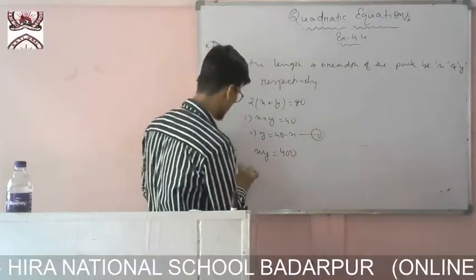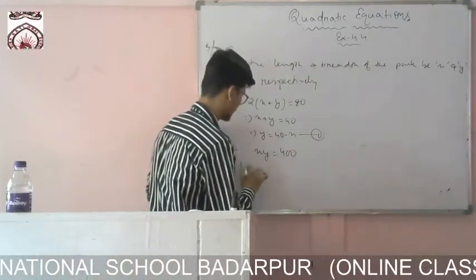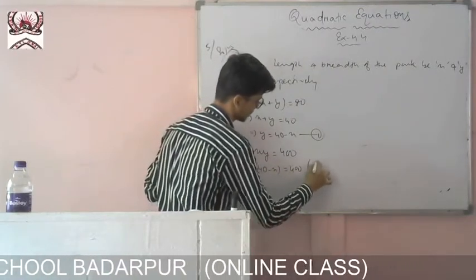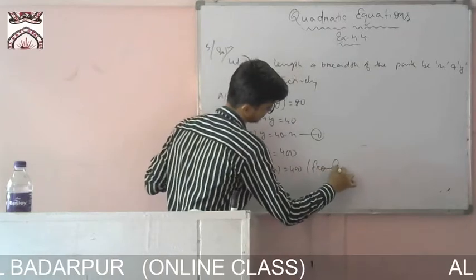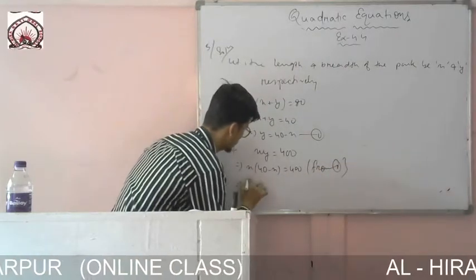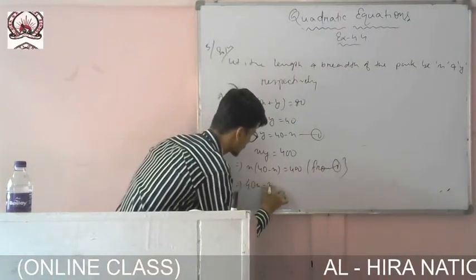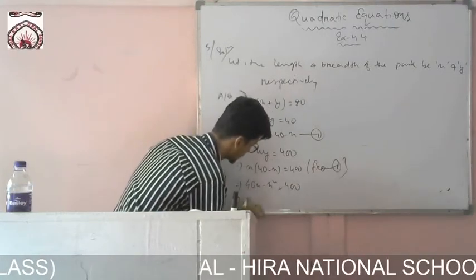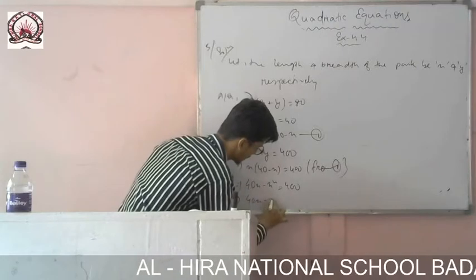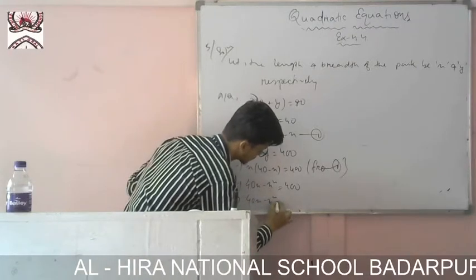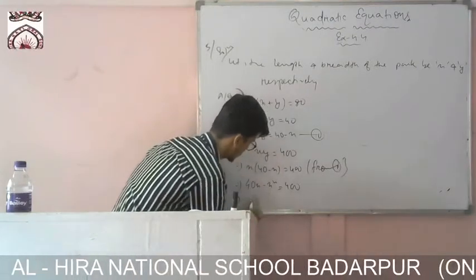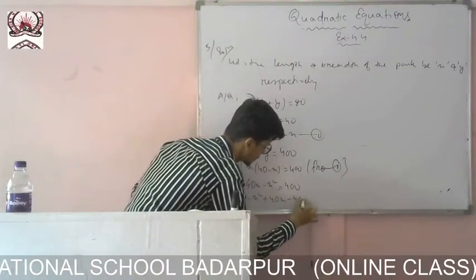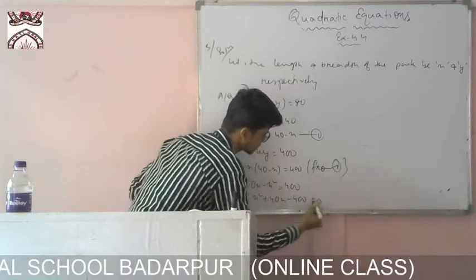So if I put in place of y, it will be 40x minus x square equals to 400. So I can arrange it and write minus x square plus 40x, and if I change this one, it will be minus 400 equals to 0.